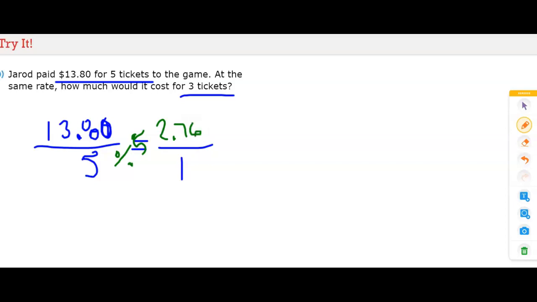And so now we want to know the cost of just 3 tickets. So we take the $2.76 and multiply it by 3 tickets. $2.76 times 3 would give us $8.28.